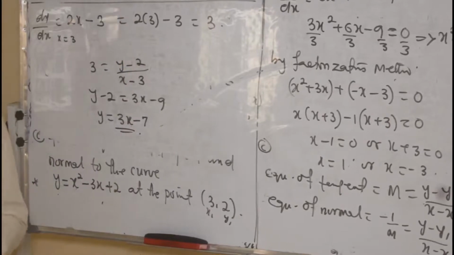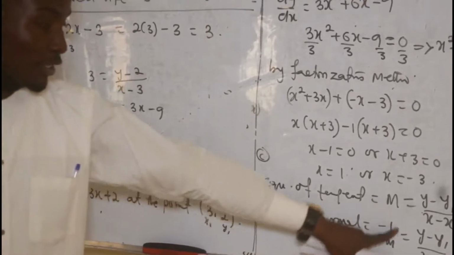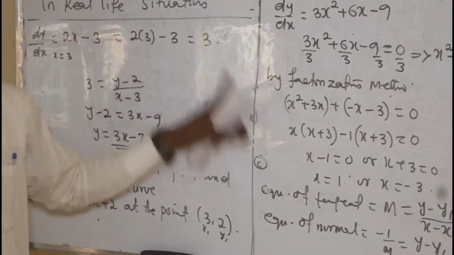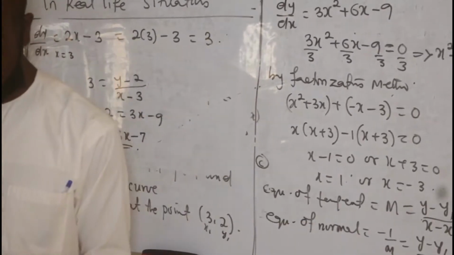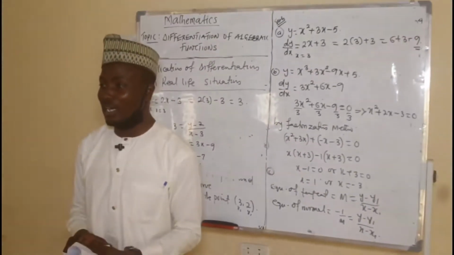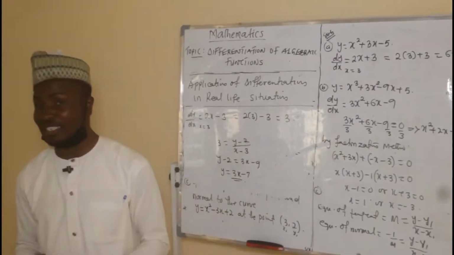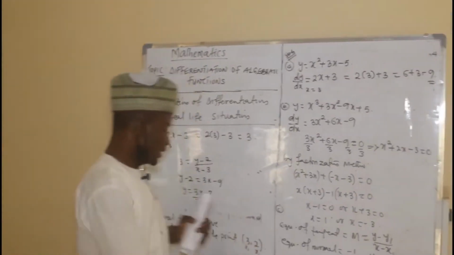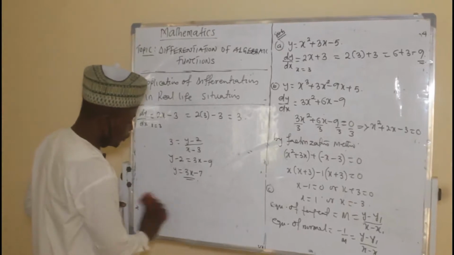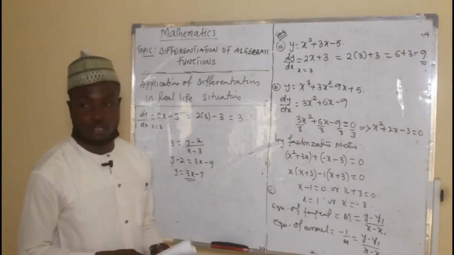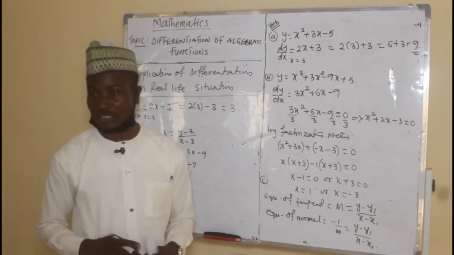And if you want to find the equation of normal, you just use the same thing, minus 1 over m. Our m is 3, you just substitute it. And if you are given distance, you have to find the velocity, as I said. I will not take much time on that, but if you go through the lesson notes, you will have examples under velocity and acceleration.